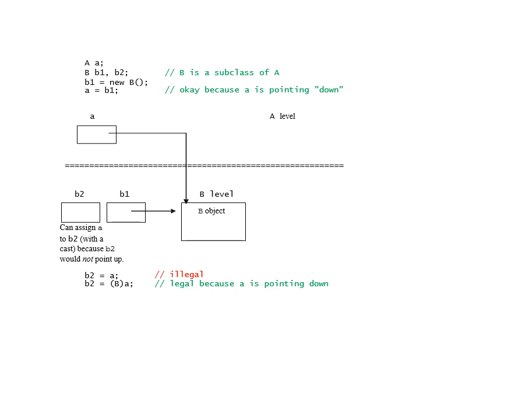Now, if we execute the statement B2 equals A, the one that's marked illegal question mark, it is illegal. The compiler is going to see that, and it's going to assume that A is pointing to an A object, a regular A object that has in it just the stuff that's in class A. And B2 is a B pointer. It's supposed to point to B objects. And so it won't like that because if A is pointing to something that's strictly an A object, B2 should not be pointing to it.